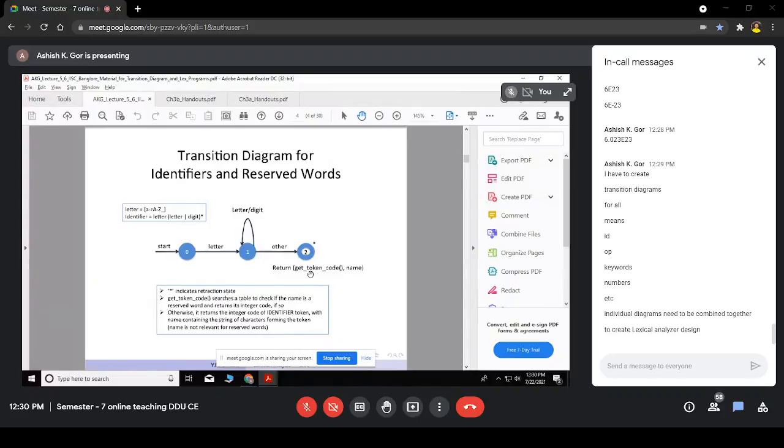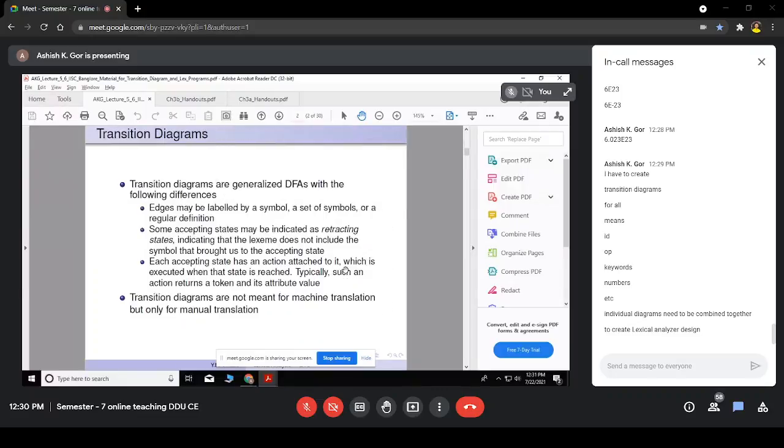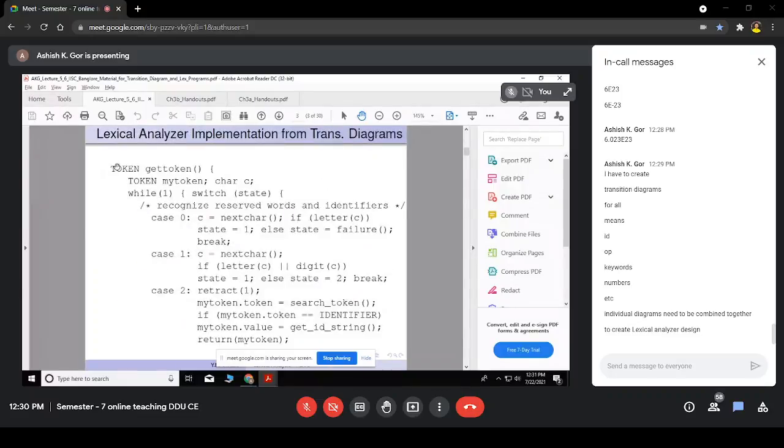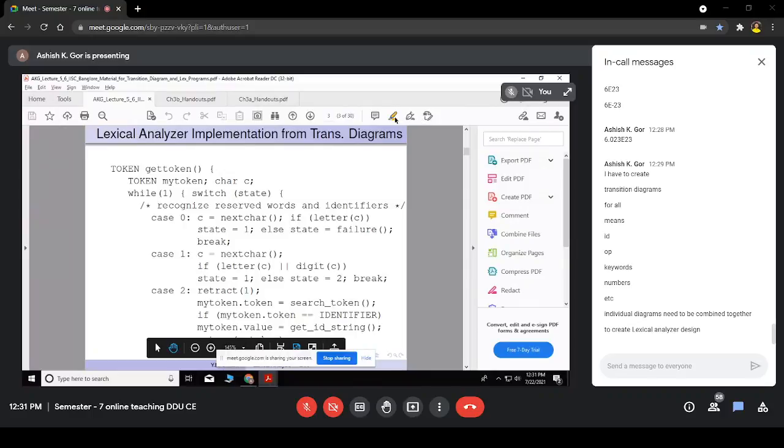So you will return a code for every token and the name of the token. So how will you start? You see there is a function called get token, there is a loop, while one, and a switch case on the state. Now what is the state?